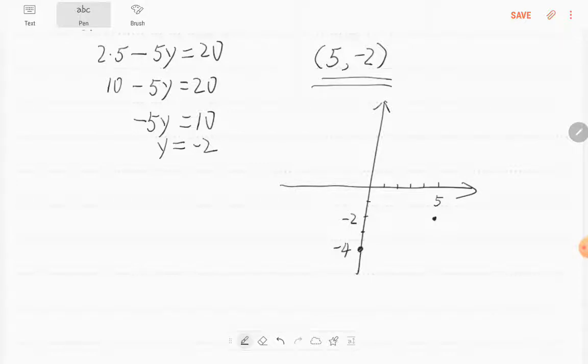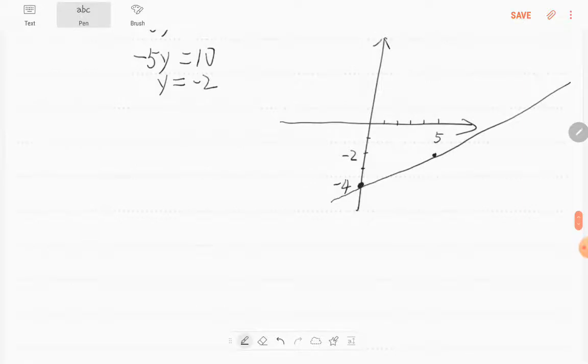So this is another point. Then we can connect these 2 points, and there you have this straight line. It's not necessary to use the x-intercept and y-intercept. Sometimes we can choose a point which is more convenient for you.